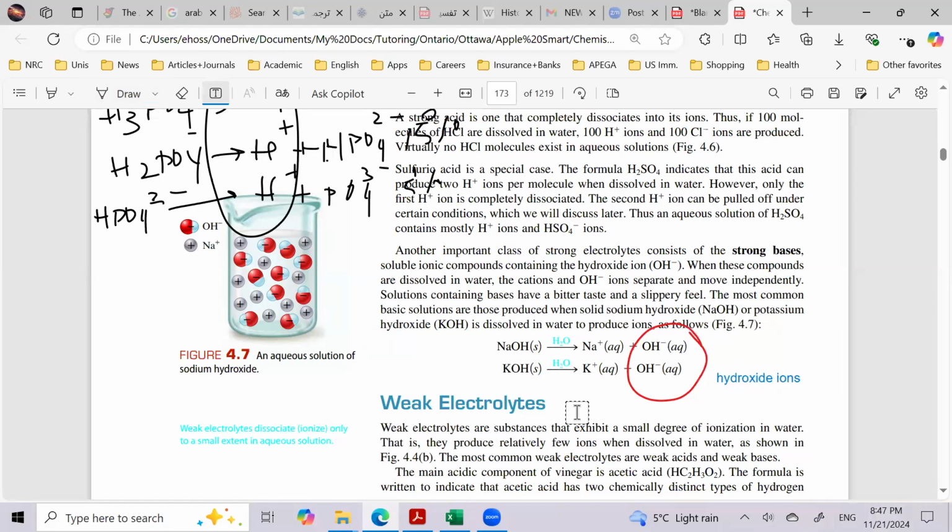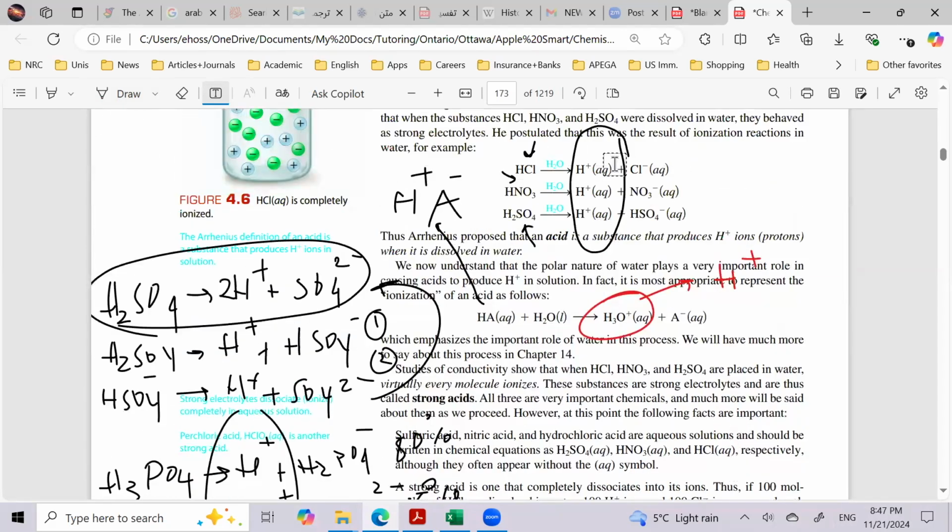So according to Arrhenius' theory, acids are substances or compounds that release hydrogen ion in water. That's the correct way of saying it. Hydrogen ion in water, or hydronium ion, but hydrogen ion is the best.